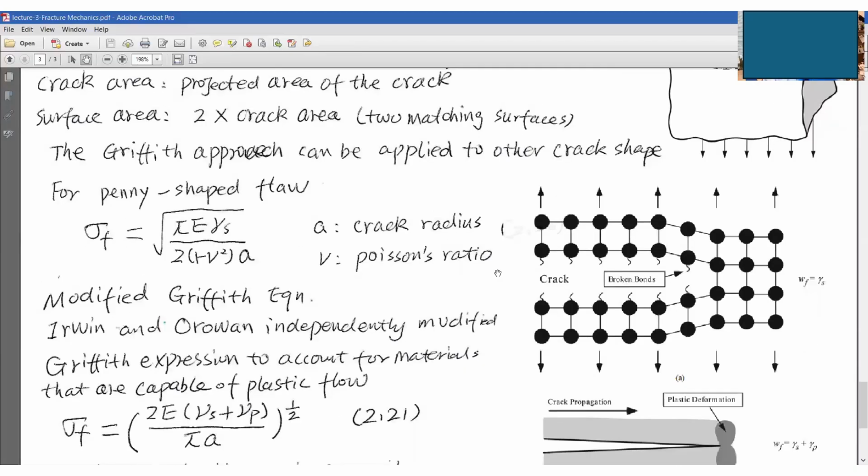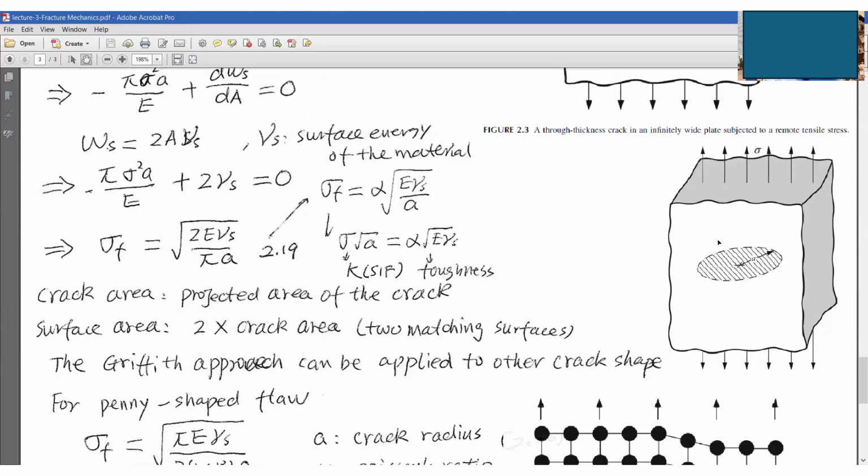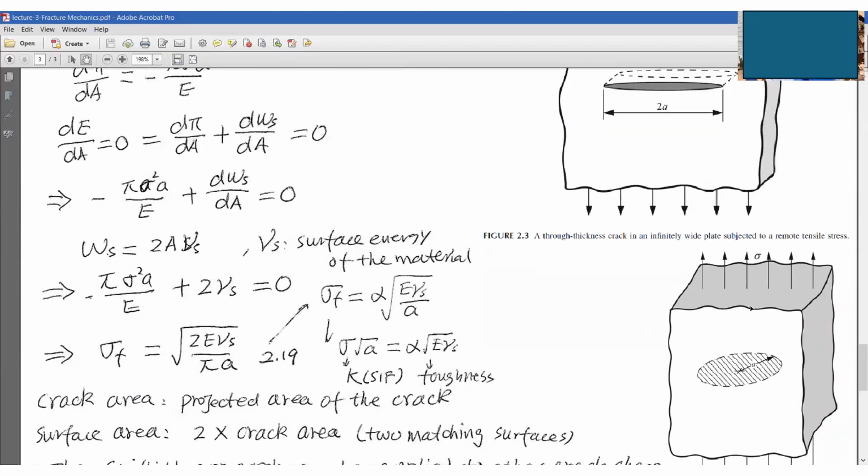Okay, and so this Griffith approach can be applied to other crack shapes, for example, this penny-shaped flaw. So this is sigma. This is a 3D specimen. Here is a penny-shaped flaw. This is a circle. The crack surface is a full circle, right?